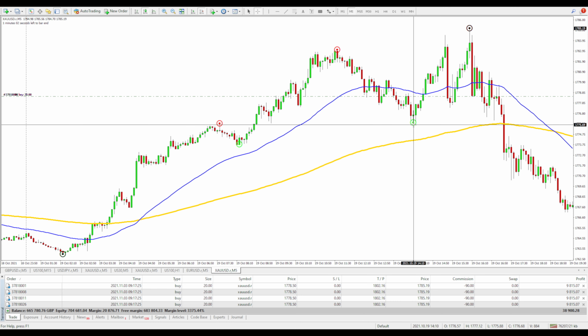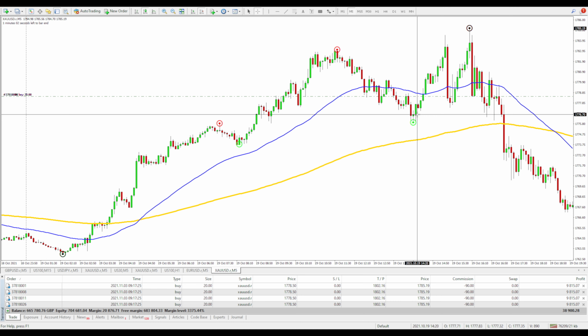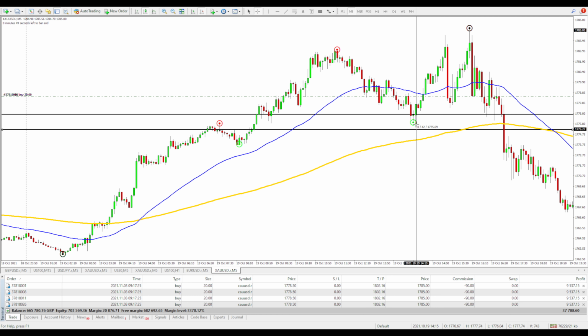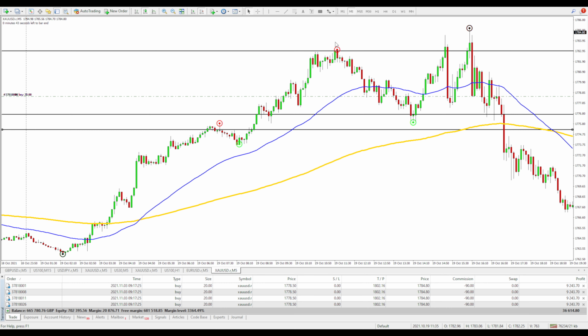So once that prints, we wait for a green bar to close, which it did like so. We enter right there. Our stop loss would be 5 pips below, which is roughly around here, and that's 15 pips right there. And our TP would be the recent highest point, which is right there.